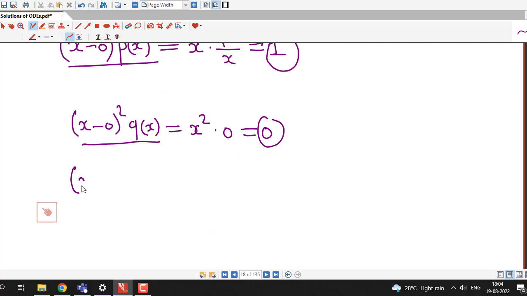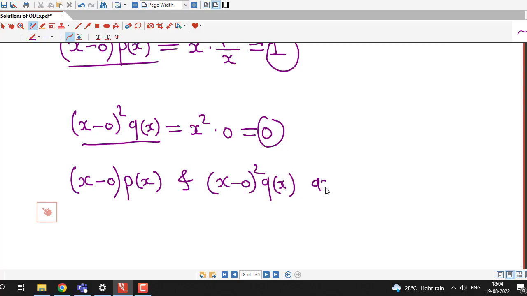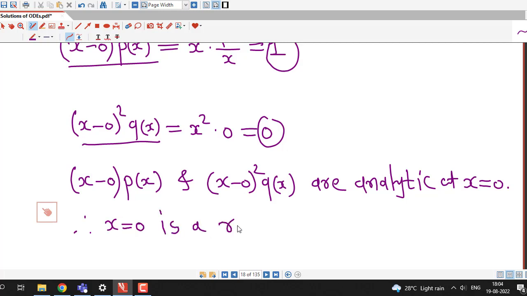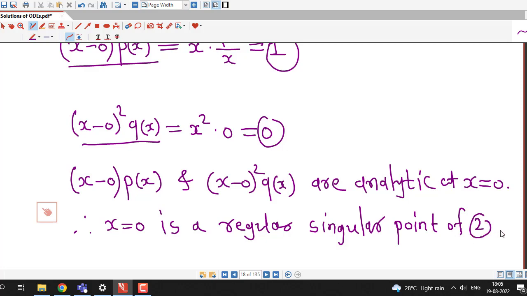Therefore x equal to 0 is a regular singular point of the given differential equation, equation 2.